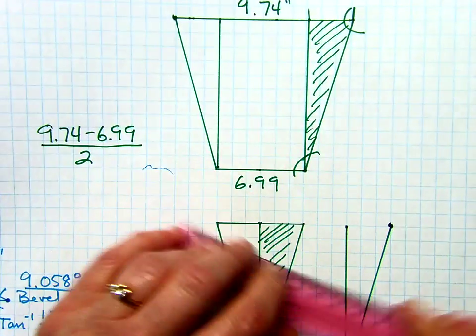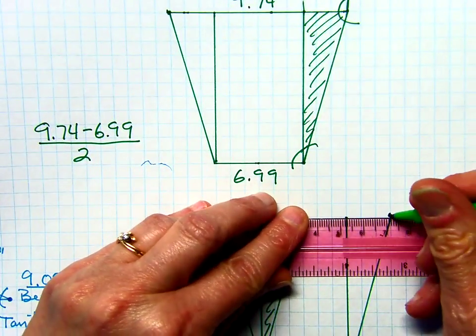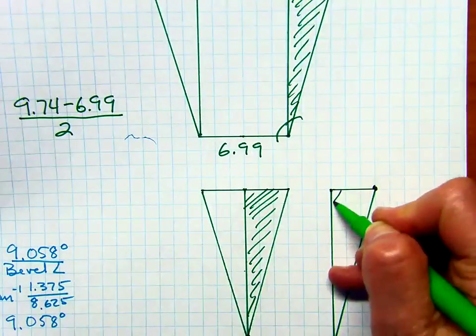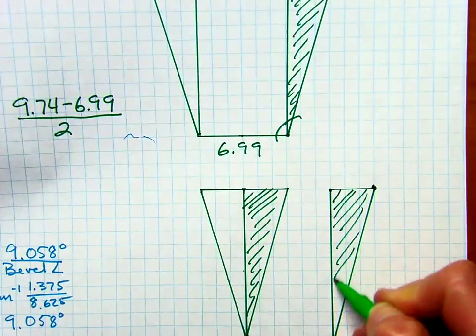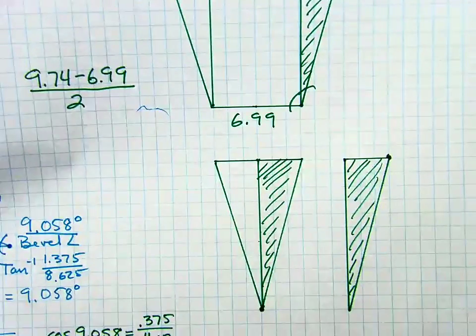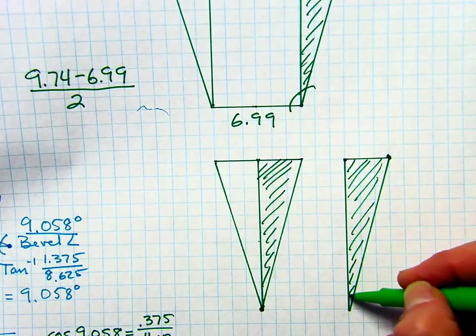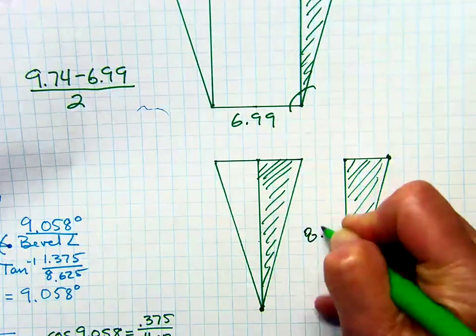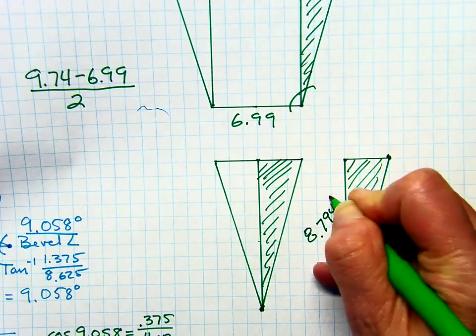We're just going to work with the one triangle, not with both of them stuck together. Okay, so here, colored in. All right, now we know the length. We've already figured that out, and that was going to be 8.794, and that's up here.